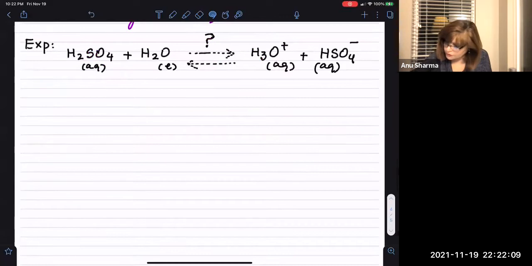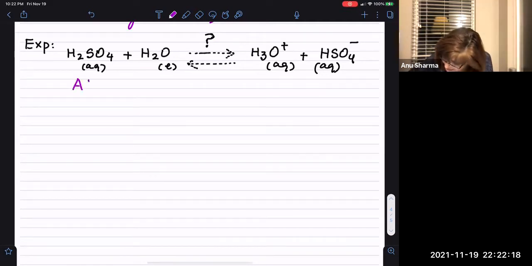Now H2SO4 and H2O. Like we said, the first, H2SO4, sulfuric acid, commonly known. So this is the acid. If this is acting as the acid, then the water will be a base.